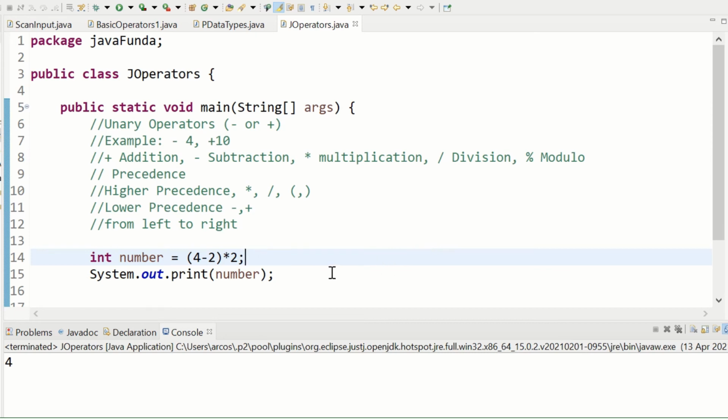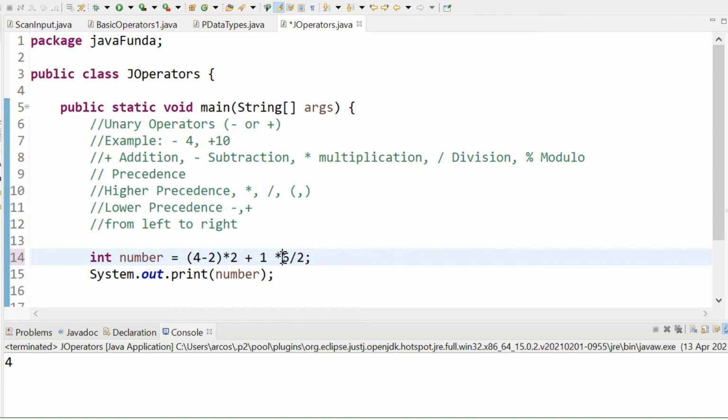So that is precedence. If we have another example, let's say I have here plus 1, and then times 5 divided by 2. That would create a conflict because it's not a whole number.